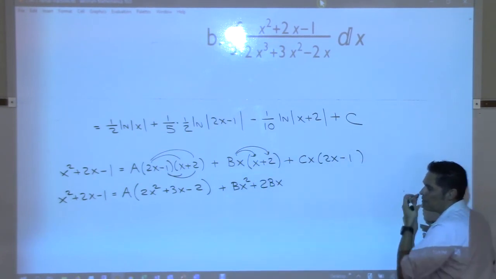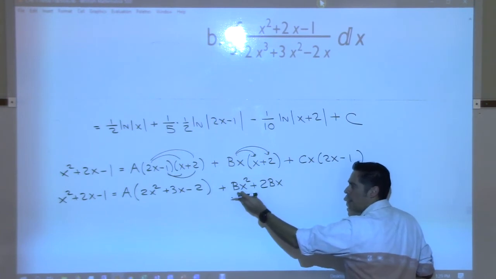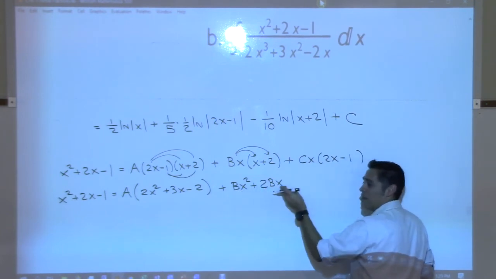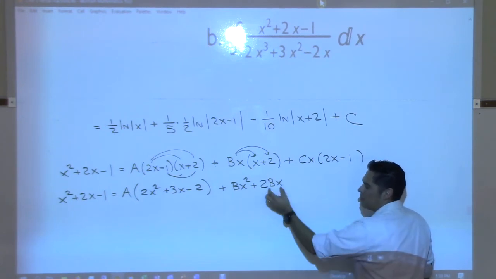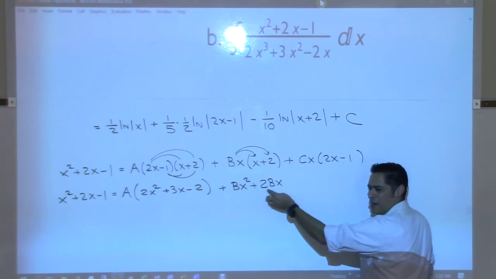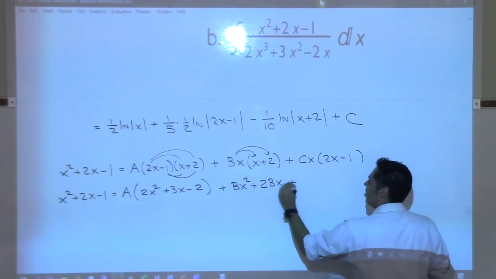Notice the way I wrote that, I put the b's in front of the x's, because the b is like a number, and I put the 2 in front of the b in front of the x. Mathematically you can write multiplication in any order you want, but doesn't this look more natural, the number and then the variable?